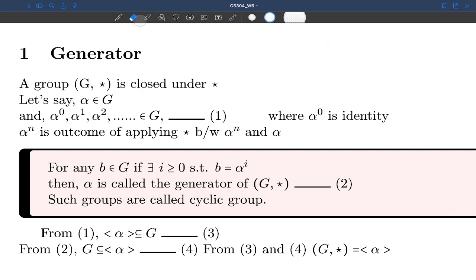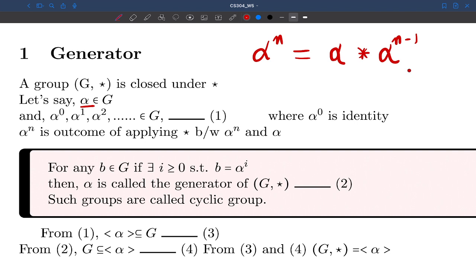So if it is written alpha n, then alpha n is the label of the number which I got by applying alpha, which I've chosen from the set G, with this star on another number whose label is n minus 1.